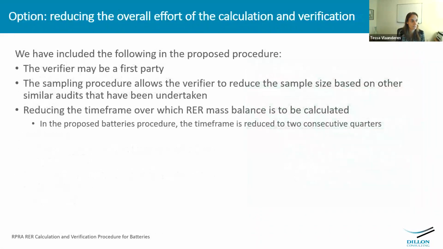Now, how we did that, we have reflected that in the description of the requirements for the verifier, which may be a first party. A first party meaning somebody who may be employed by the processor itself. Secondly, for the sampling, we allow the verifier to consider other similar audits or similar scope that have been undertaken and adjust the sample size accordingly.